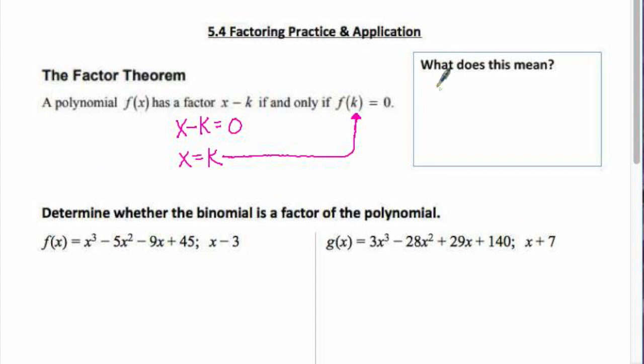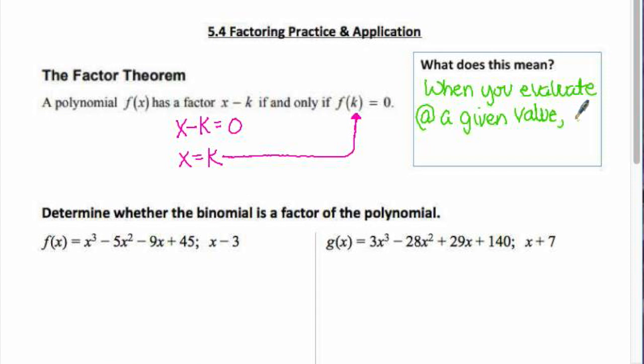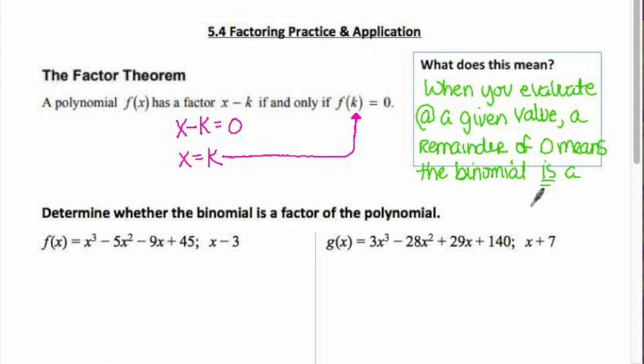Basically, this is saying that when you evaluate at a given value, a remainder of 0 means the binomial is a factor.